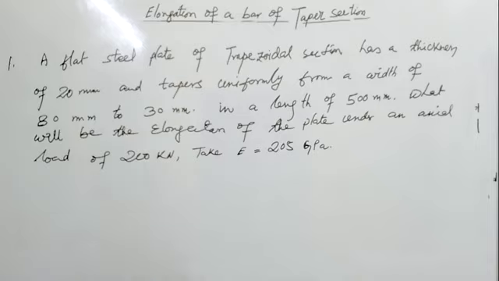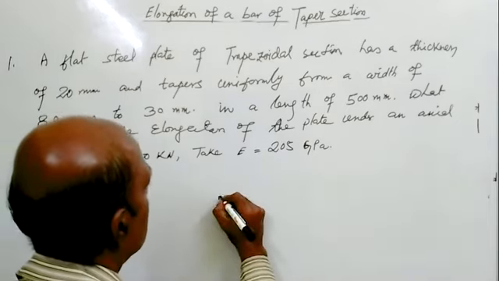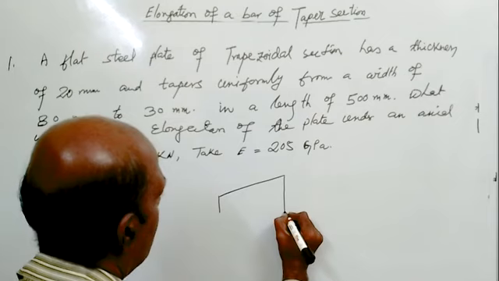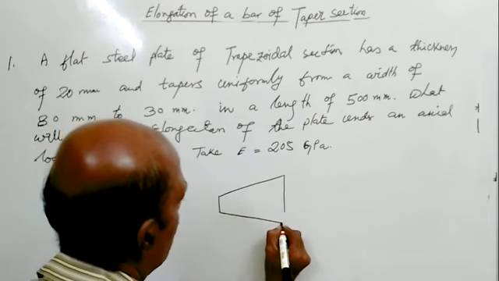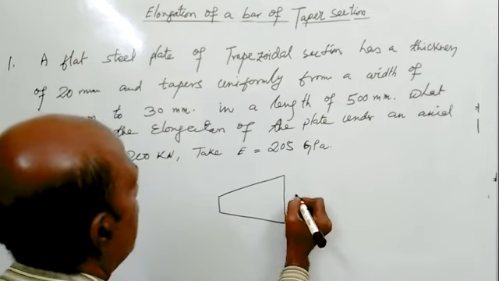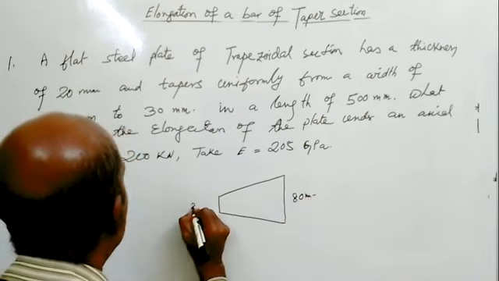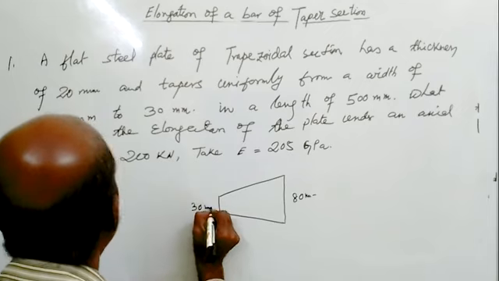So we have seen the derivation. Now we'll try to draw this. So this is the taper bar. One end, the width is 80 millimeter and the other end is 30 millimeter.